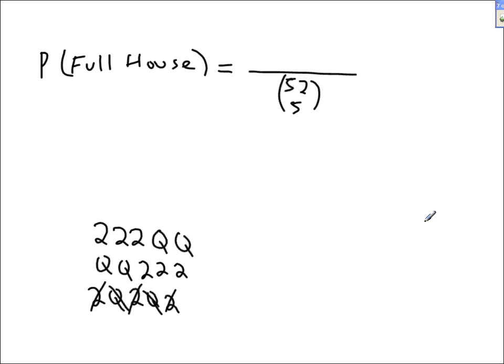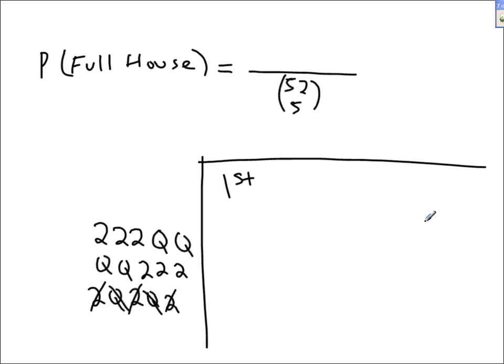Now, if I gave you a deck of cards, shuffled, and I said, you can look at the cards, pull out 5 cards that make up a full house. What are the things that you would have to think about and do? The first thing is you need to pick the 2 denominations.